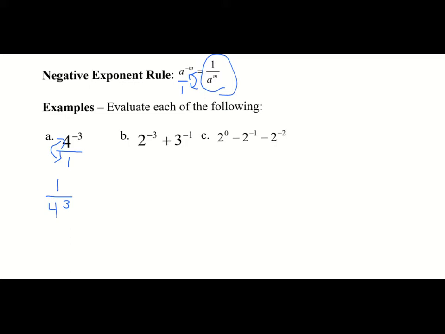We can stop there, or sometimes they'll ask you, because it's 4 to the third power, to multiply that out, so it becomes 1 over 64. Again, either way, these are both acceptable. It depends on if it asks you to evaluate those powers. If it does, we do 4 times 4 times 4.